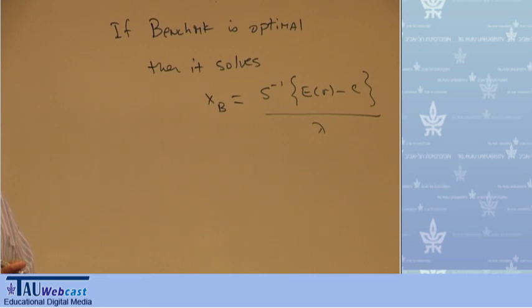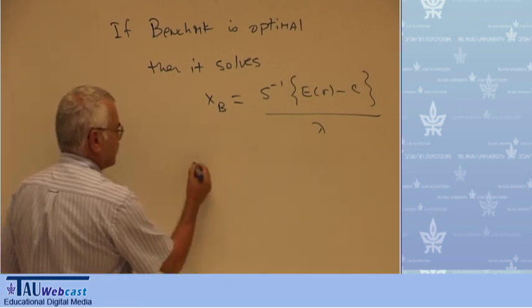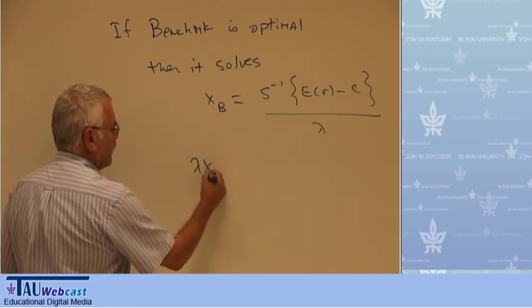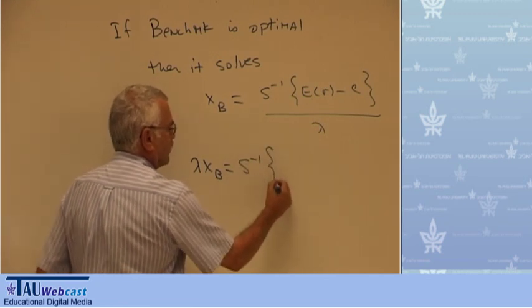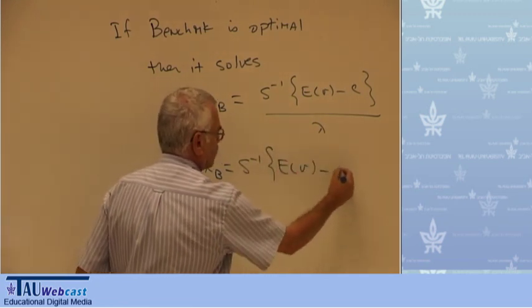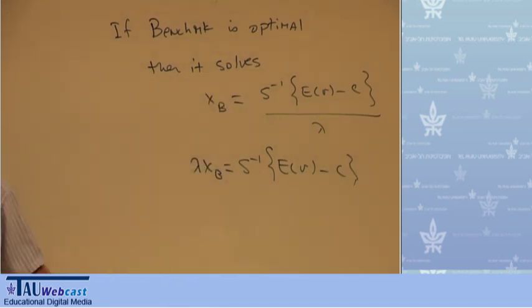Okay, so now you have to solve that equation. All right, so what do you do? You multiply by lambda. So you get lambda xb equals S inverse expected returns minus C. I apologize to the people over here who probably can't see through my back.